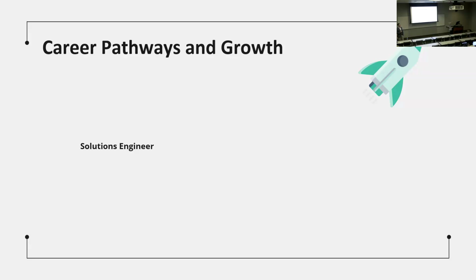All right. Because of these unique skills and this unique work that you get to do as an SE, you're going to develop a lot of skill sets that are valuable throughout your career. If you want to continue the SE path, you can become a senior SE, a principal SE, and maybe even a distinguished SE as time goes on.